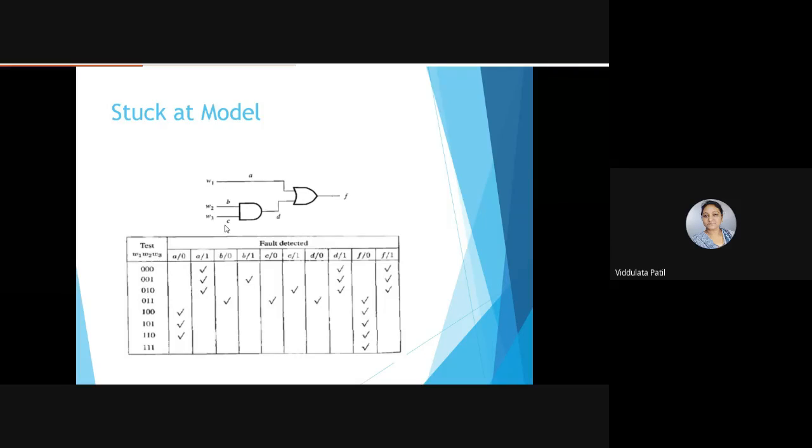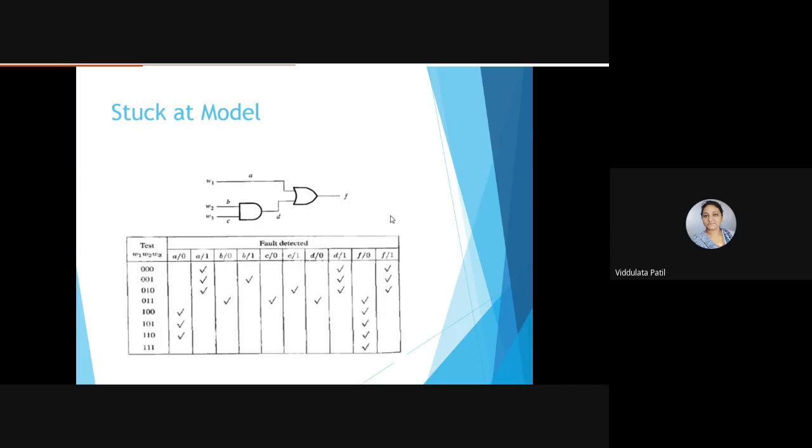If C is stuck at 0, as A is equal to 1, we will get a 1 result only. So only for F stuck at 0 do we get a fault detected. We get a wrong result, and then we can decide that there is a fault in that circuitry. So if we apply these different inputs, we can find out whether there is a fault in the circuitry or not.